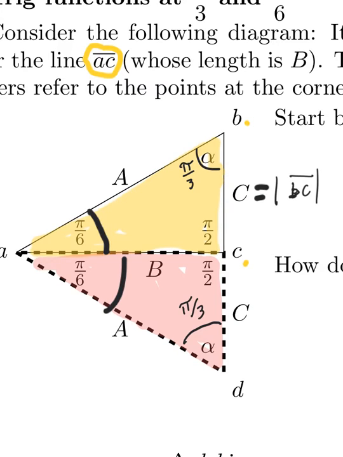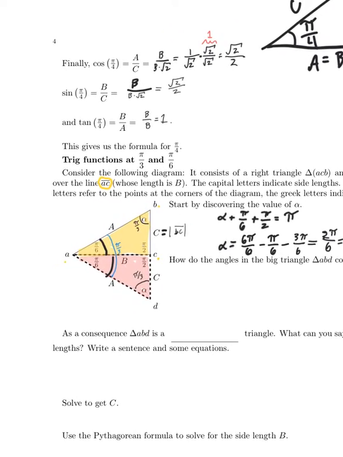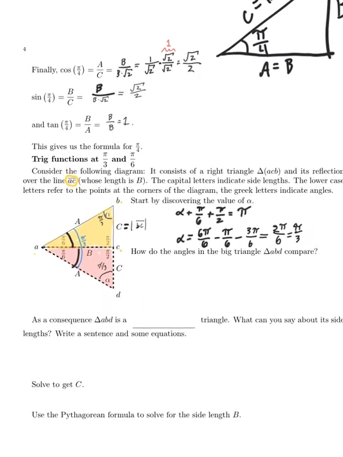But check this out. This blue angle is built out of an angle of pi over 6 and another angle of pi over 6. So that angle must also be pi over 3. So if you look at the big triangle, that is the triangle ABD. Look at those angles.